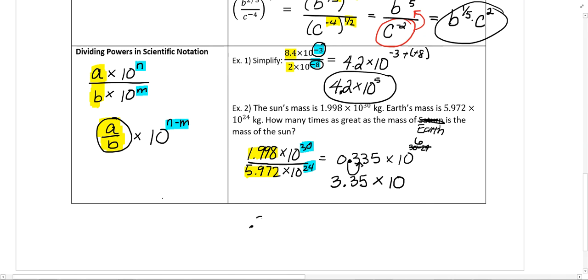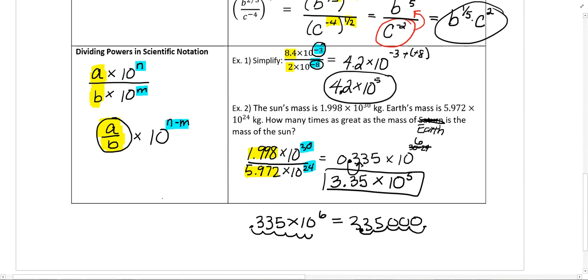So 0.335 times 10 to the 6 expanded, we would move the decimal to the right 6 times. So that would be 335,000. So now we're going to put it back to where it should be. 1, 2, 3, 4, 5. So this is actually going to go down 1, and that's because we moved in the other direction than we're usually doing it. Okay, that would be it.